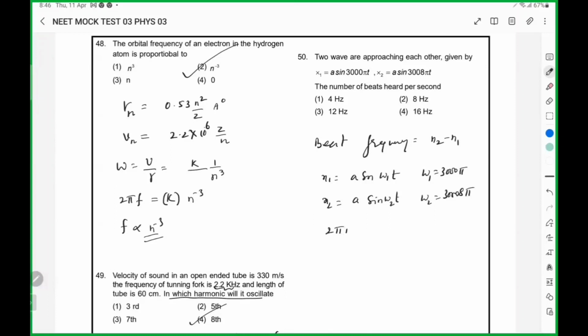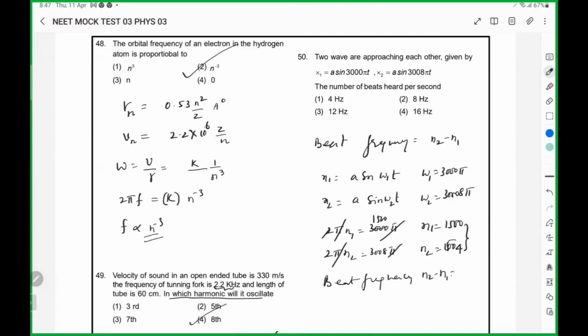So 2 pi n1 is 3000 pi, so here it is 1500. 2 pi n2 will be 3008 pi, so n2 will be 1504. So beat frequency will be n2 minus n1, 1504 minus 1500. That is 4 hertz.